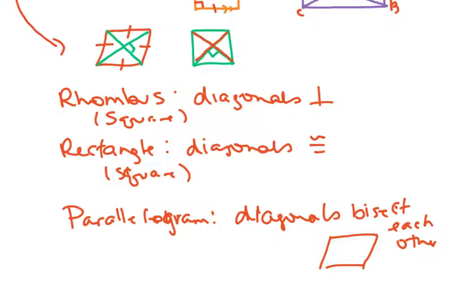So if this is ABCD, and you have this diagonal AC and then diagonal BD, BD cuts AC in half into 2 equal pieces. And then AC cuts DB in half, 2 equal pieces. But the purple pieces are not the same length as the blue pieces. So because a rectangle and a square is also a parallelogram, that's also true. Because a rhombus is also a parallelogram, that's also true.